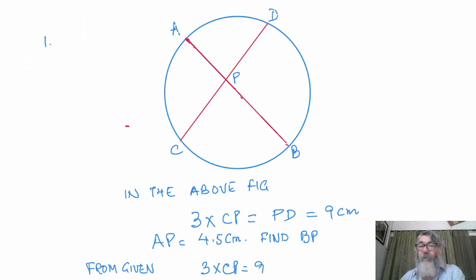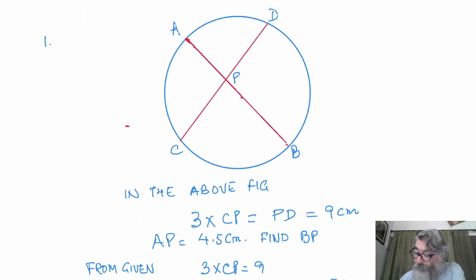CP is 3 centimeter, 9 upon 3, and PD is 9 centimeter. AP is 4.5 centimeter, as given.